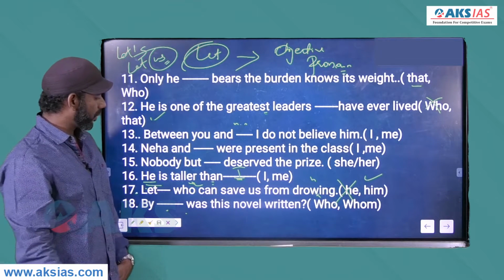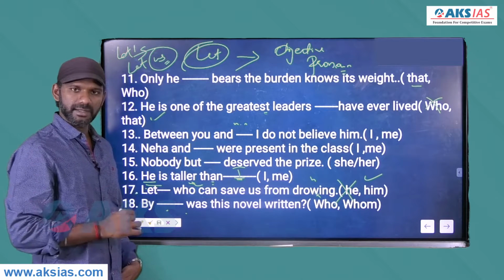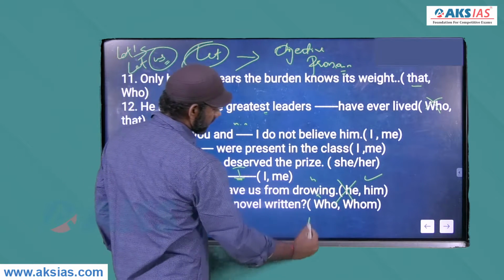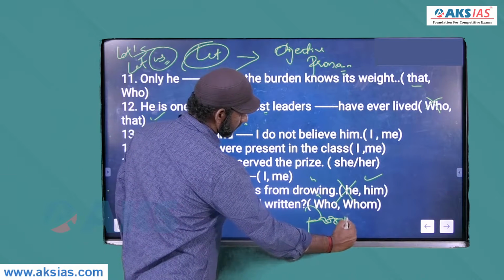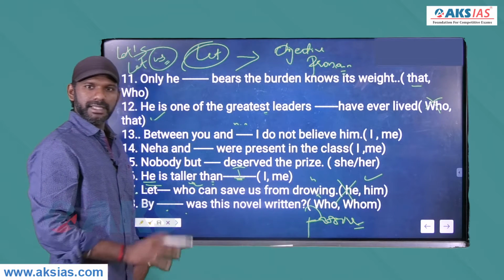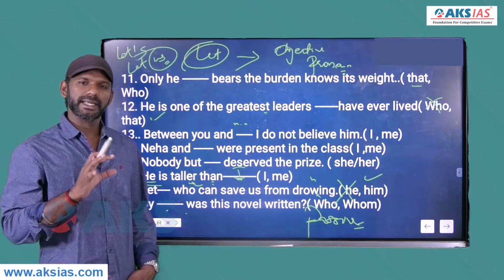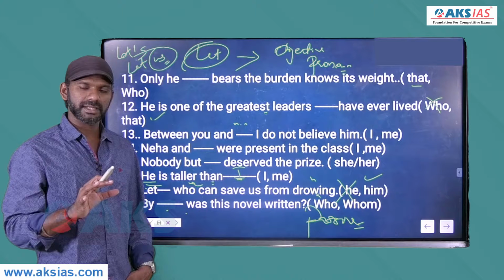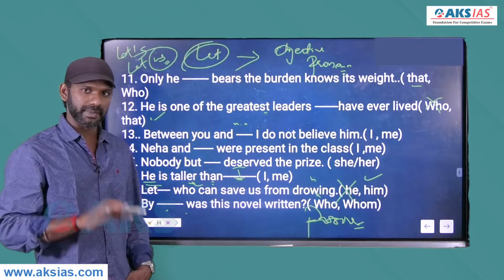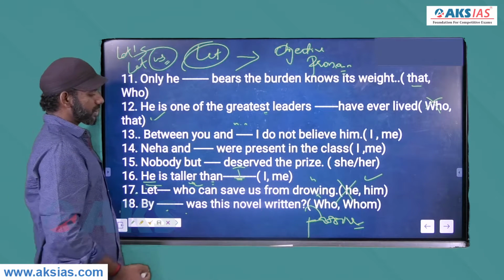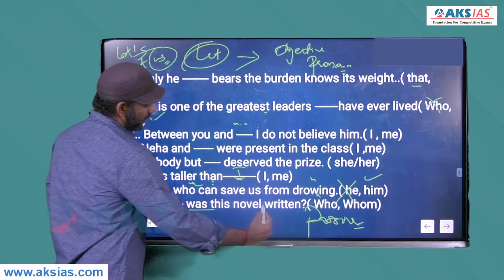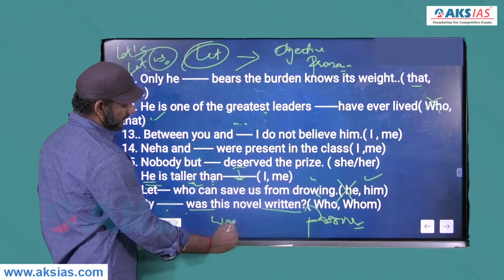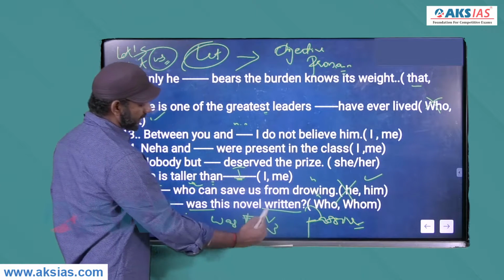By dash was this novel written? This sentence is in the passive voice. Right? Simple reason. We can get the help of the structures we discussed on tenses in both active voice and passive voice. By dash was this novel written? Was written is was plus V3.